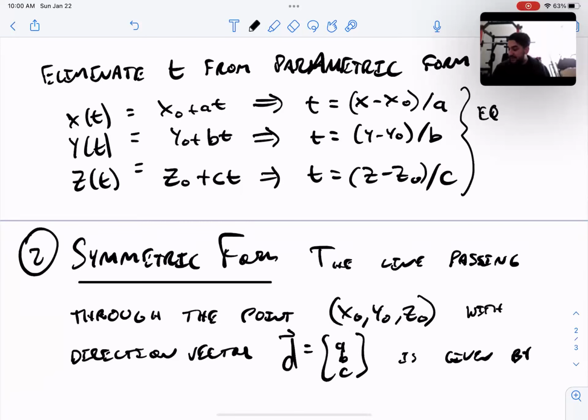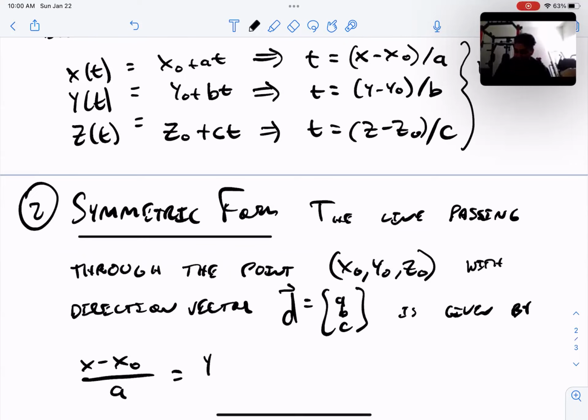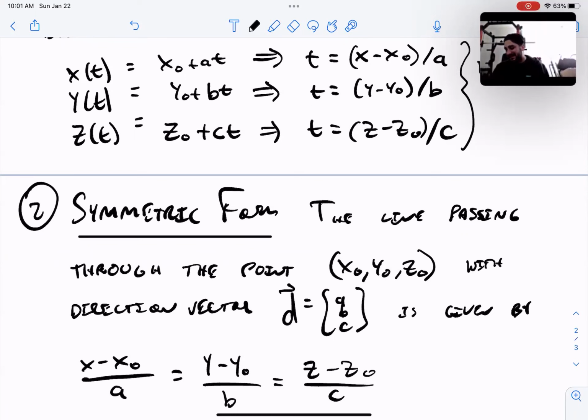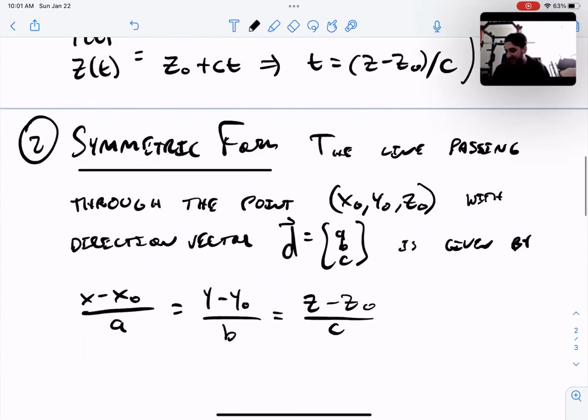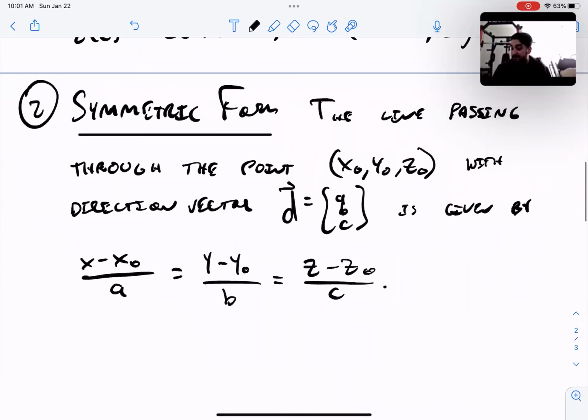Like we said, just equate these three quantities. x minus x naught over a equals y minus y naught over b equals z minus z naught over c. Those three quantities must be equal. So there we have what's called symmetric form of the line.